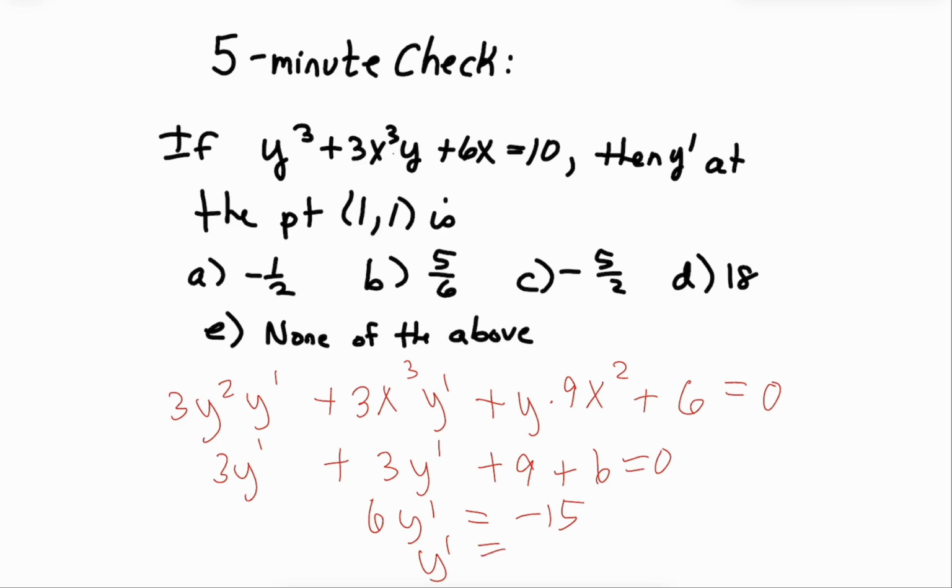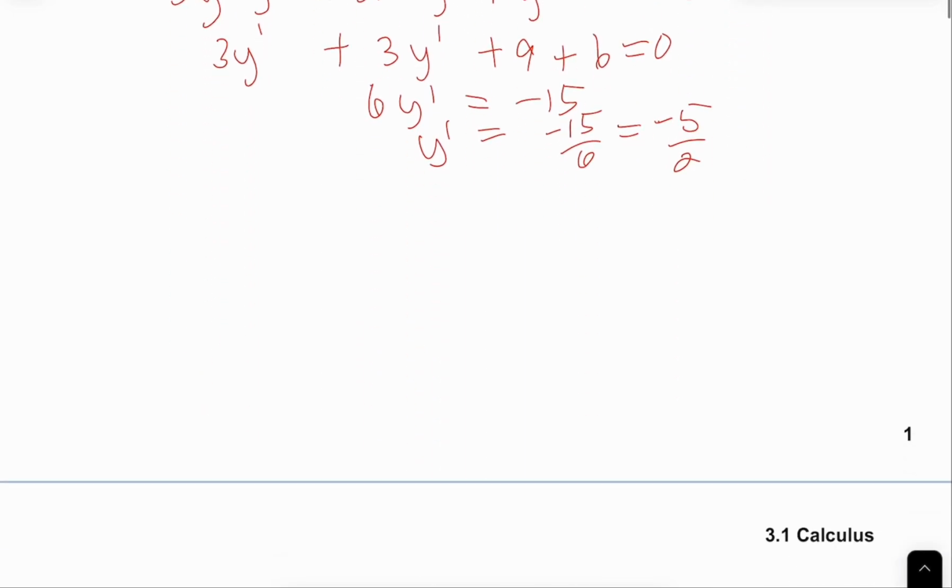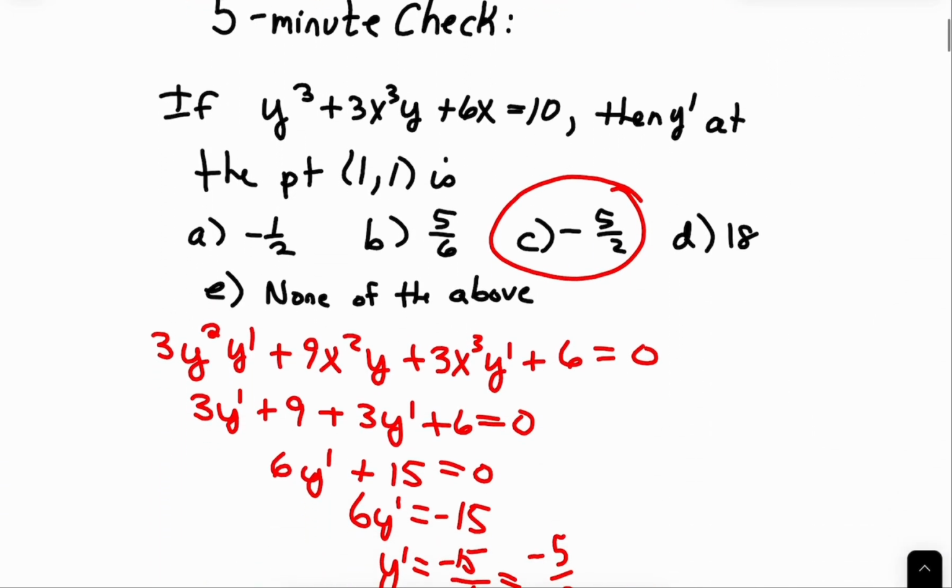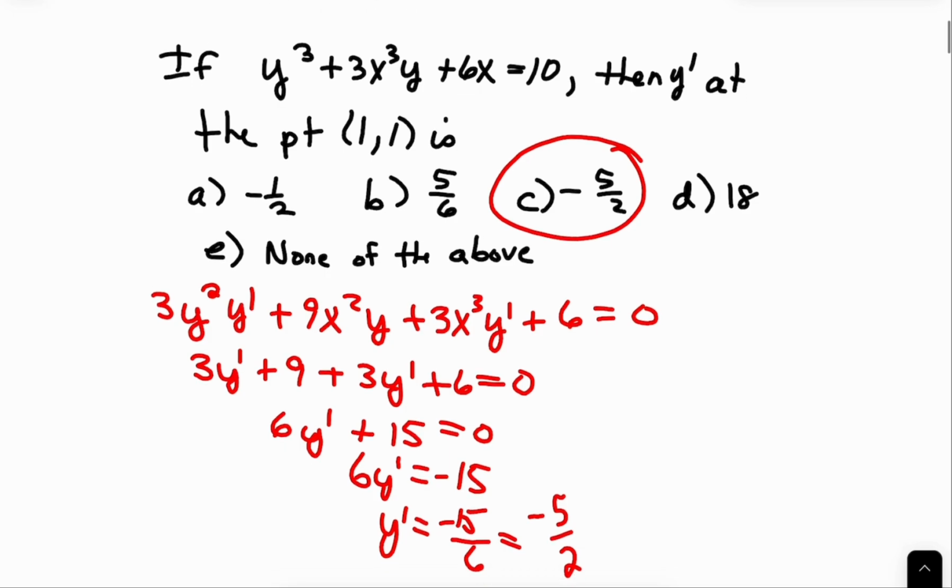So y prime is negative 15 over 6. They're both divisible by 3, so that's negative 5 over 2, which is C. Just what you see right there, okay?